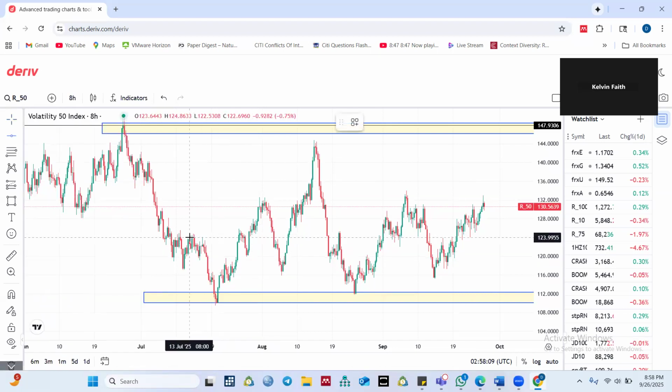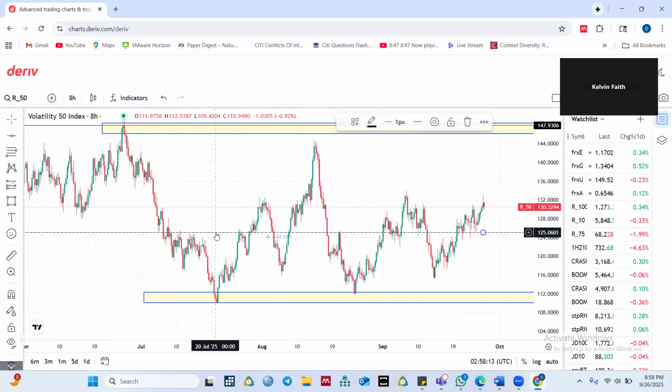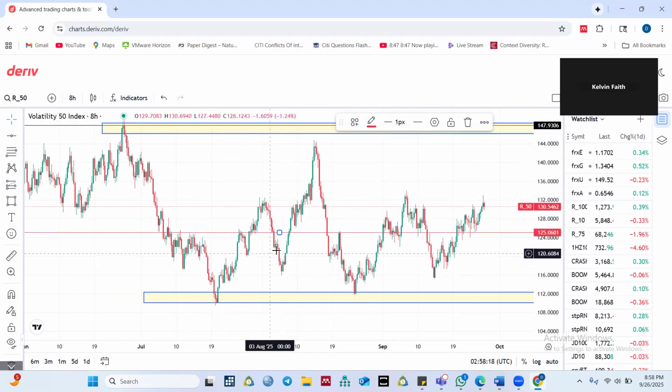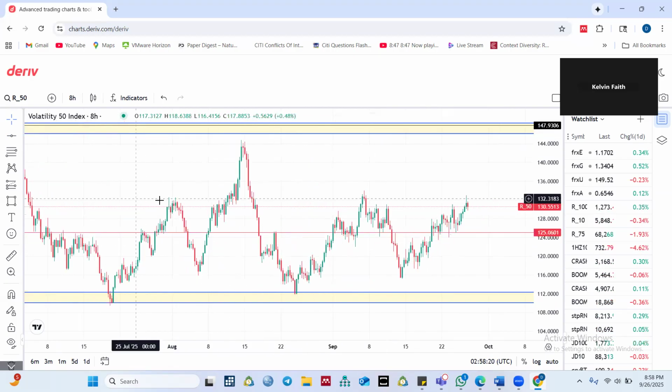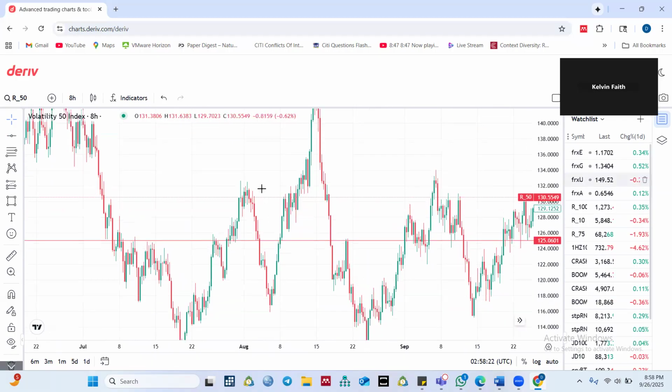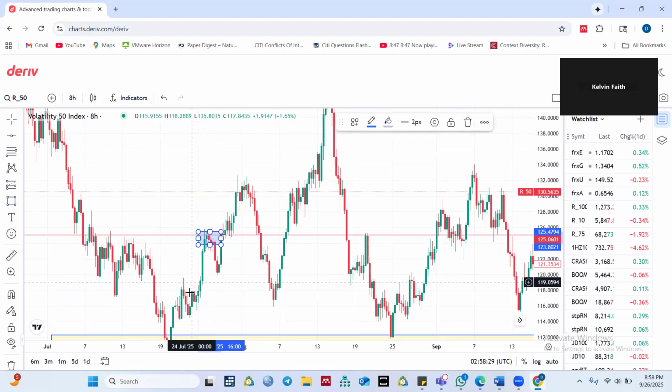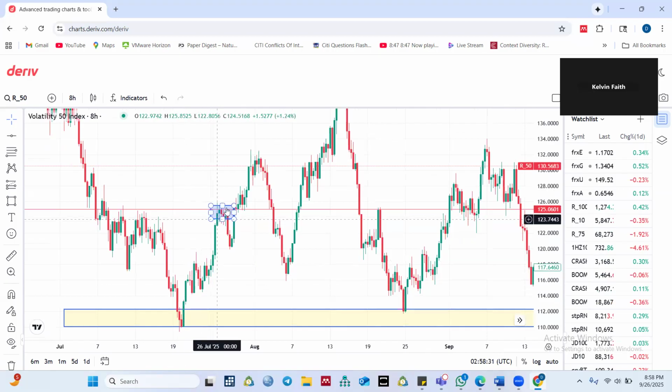So for example, let's look at this area where I just put the red line. If you look at this red line area here, we can see around here, price moving from down, hit this point, and sold.